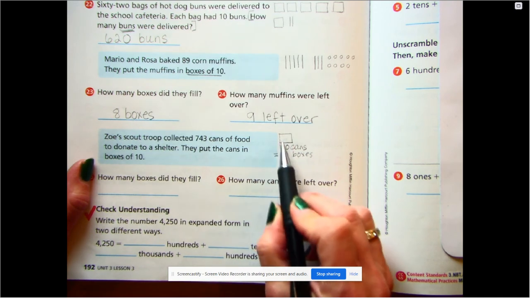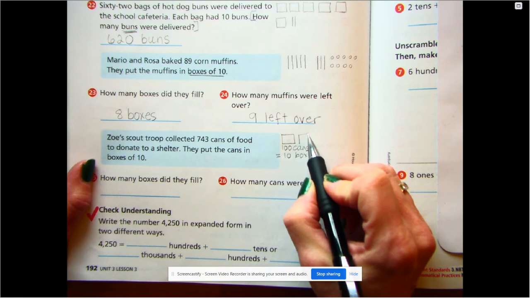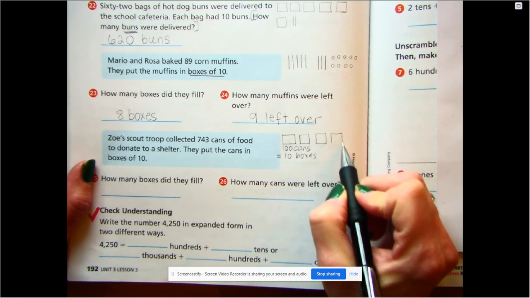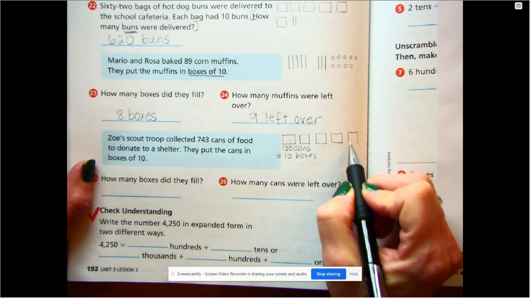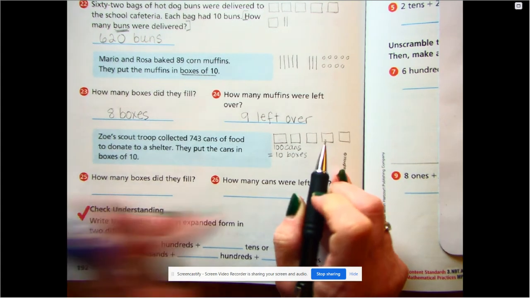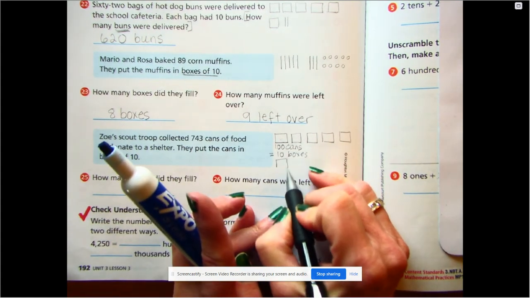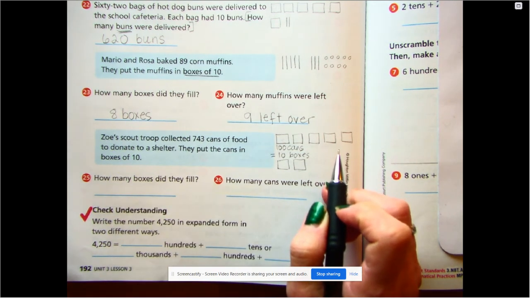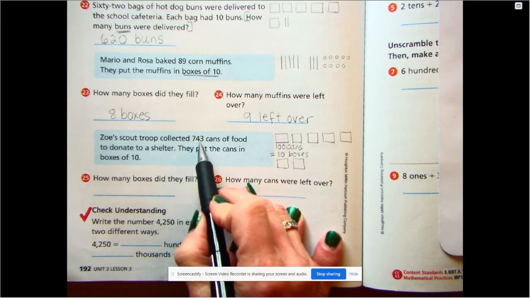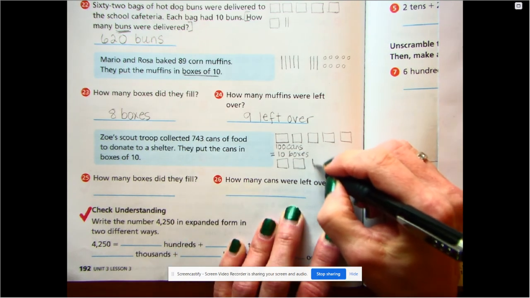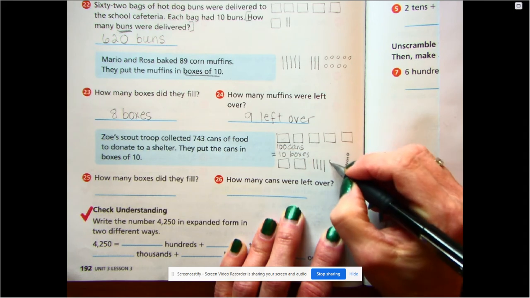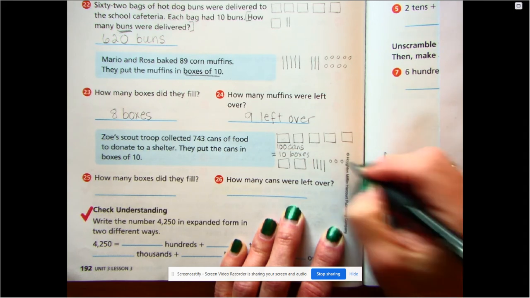So there's 100 cans, 200 cans, 300, 400, 500 cans. I'm going to draw my other ones down here. 600 cans, 700 cans, but I've got 43 more to draw. 10, 20, 30, 40, 41, 42, 43.